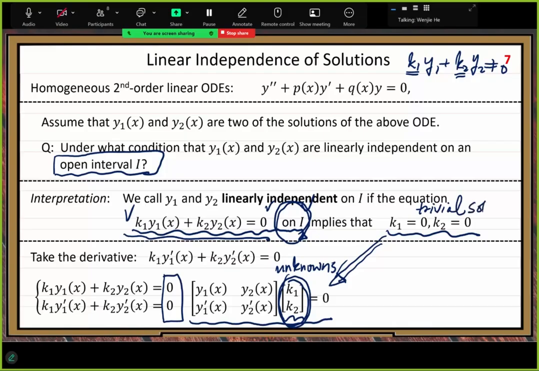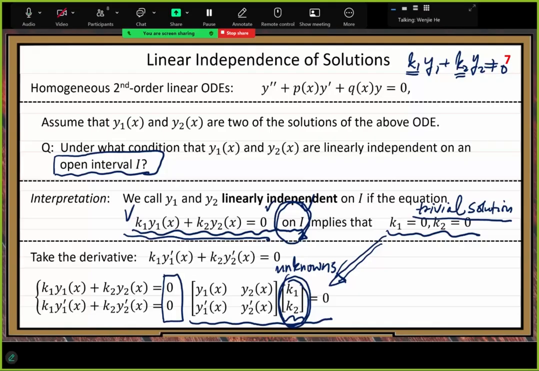The linear system has a trivial solution all the time, no matter what y1, y2 are. The first observation.